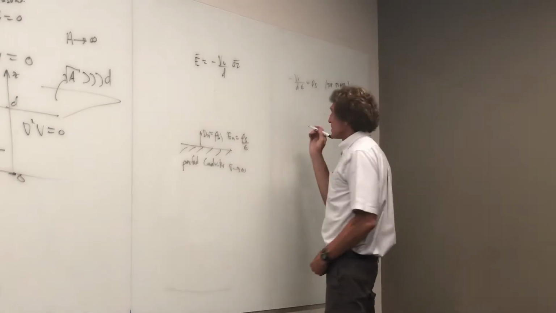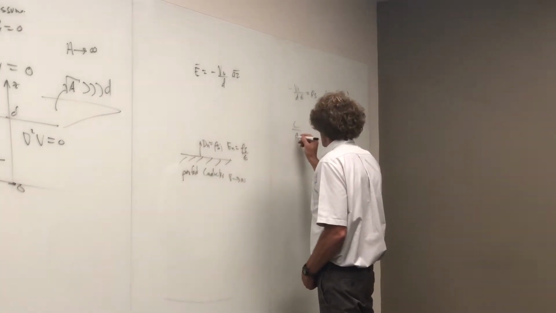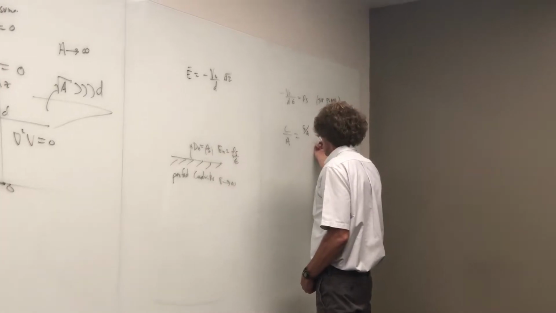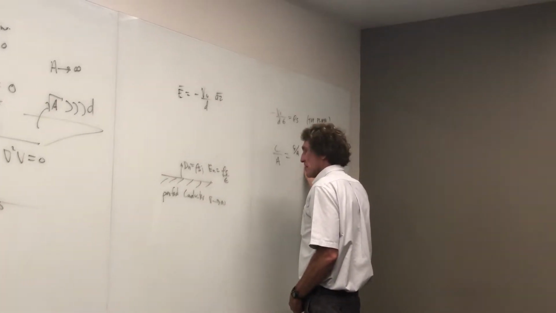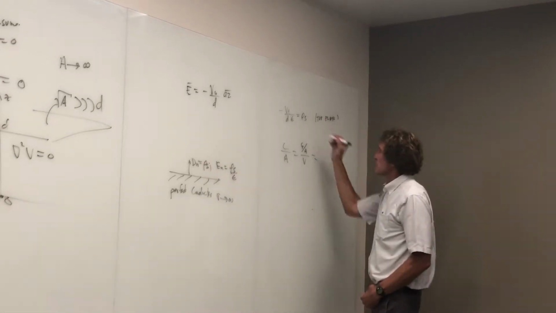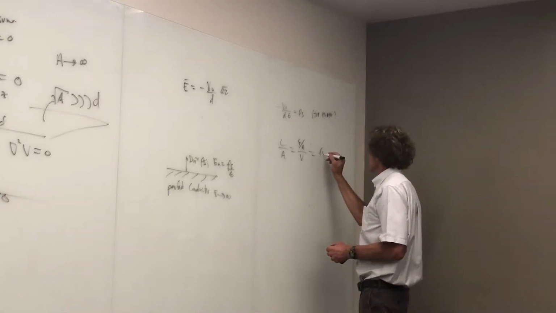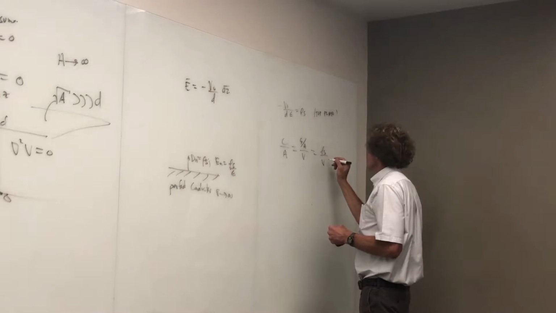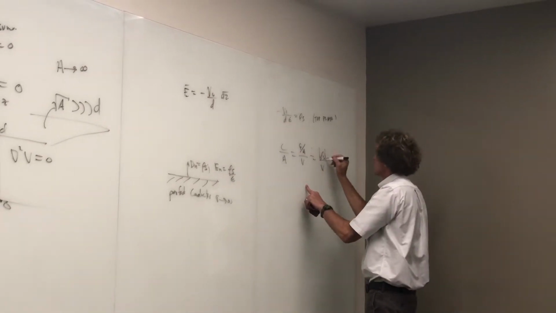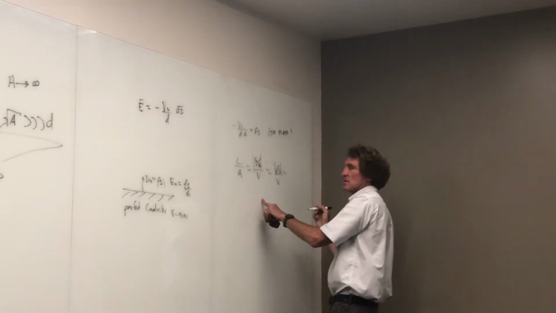Correct? So therefore, the capacitance per unit area would be the charge per unit area divided by the voltage creating it. Think of this as a magnitude of charge, by the way. Capacitance is always positive.